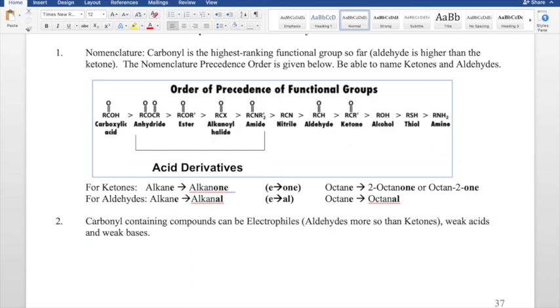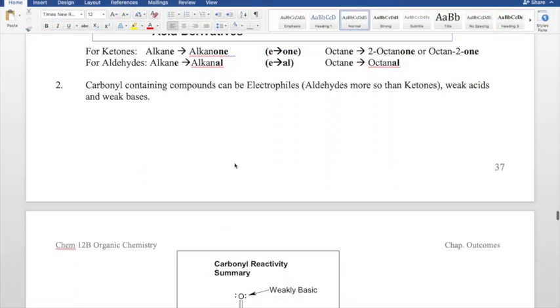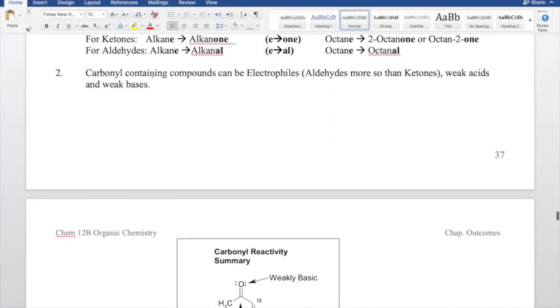All right, so let me go back to that. Now, carbonyl-containing compounds are electrophiles. We've seen that a lot. Grignards and lithiums attack them, and we saw sodium borohydride attacks the carbonyl carbon, and lithium aluminum hydride. We've seen a lot of things, right?